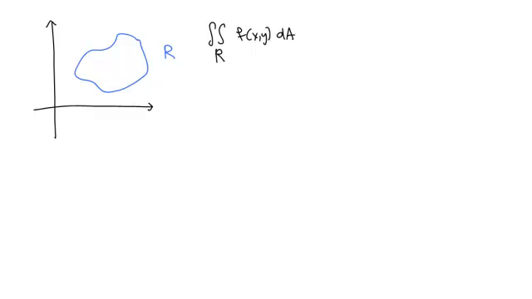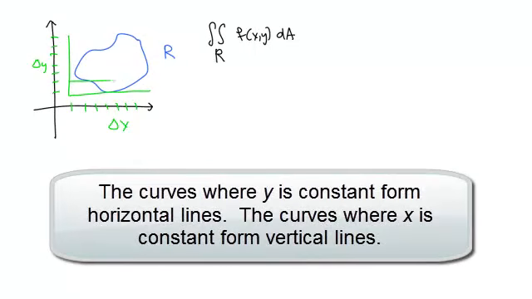Now, up to this point, we've been essentially taking the x-axis and chopping it up into even delta x subdivisions, the y-axis into even delta y subdivisions, and then using that to break up my surface into small pieces whose volumes would be easy to compute.